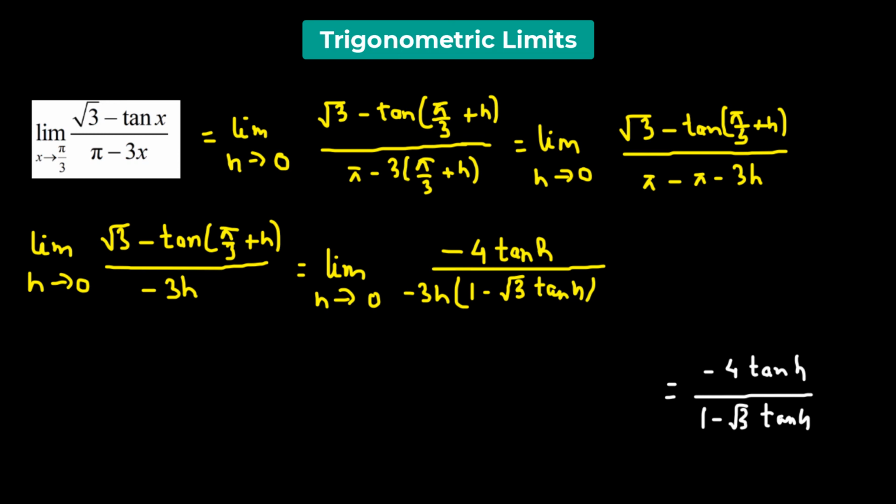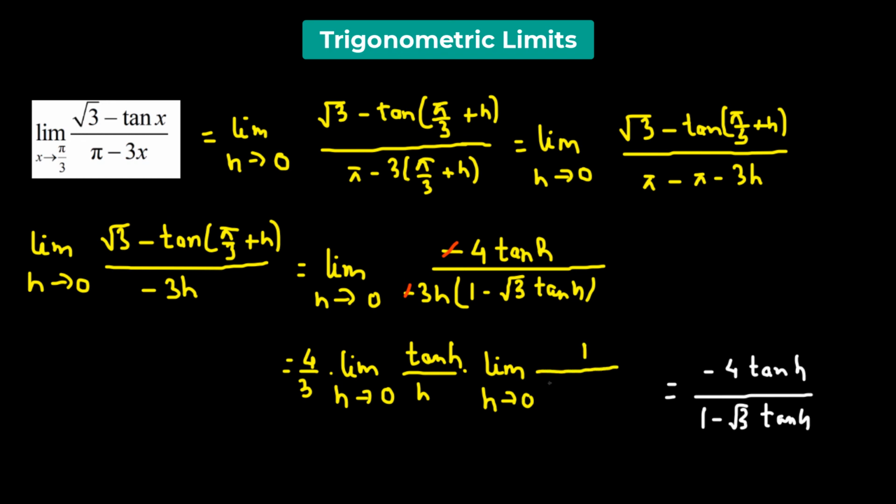We can get rid of the negative sign by multiplying negative 1 to both the numerator and the denominator. So we have 4 over 3 times limit h tends to 0 of tangent of h divided by h, times limit h approaching 0 of 1 over 1 minus square root of 3 times tangent of h.